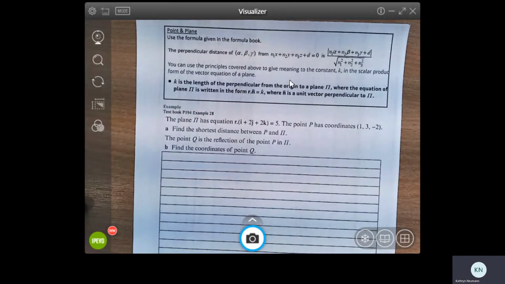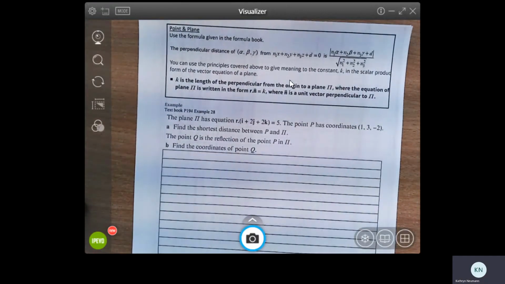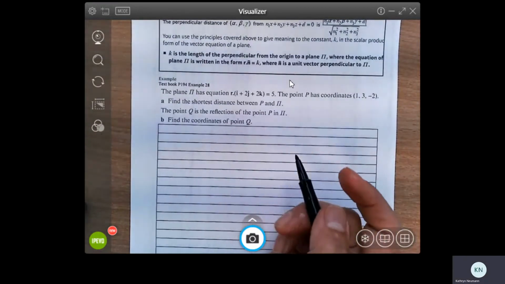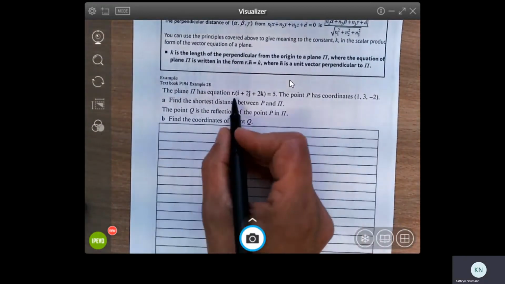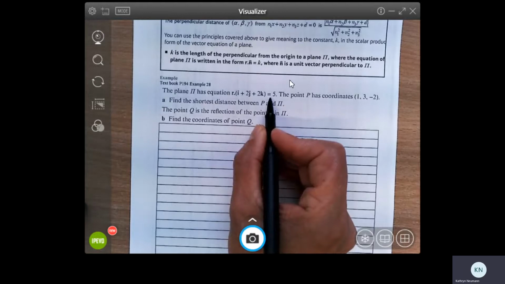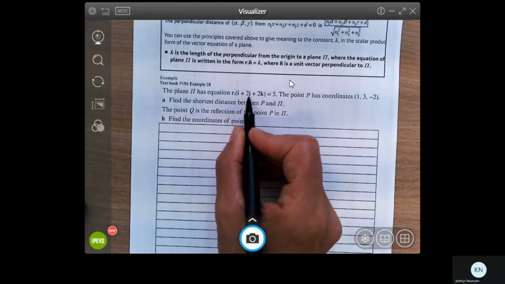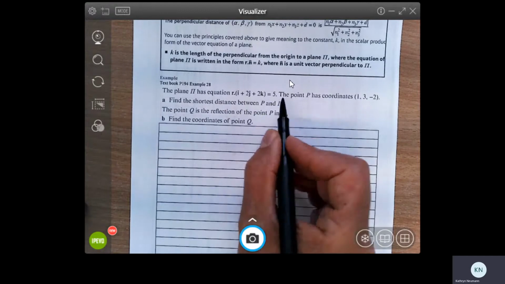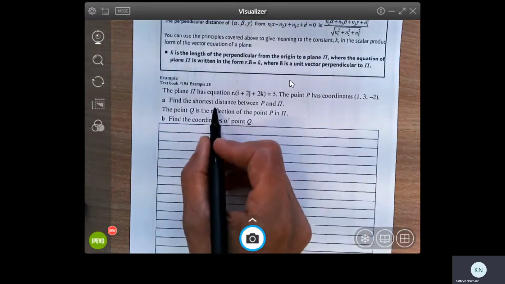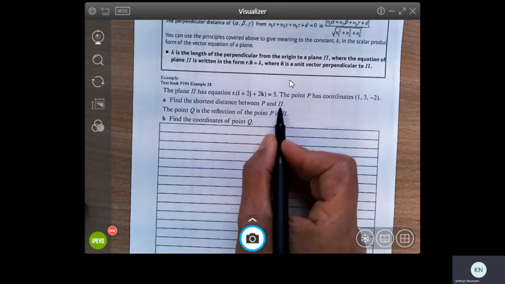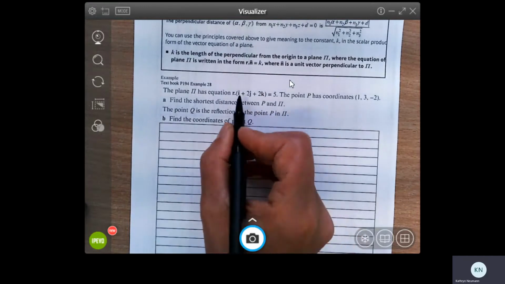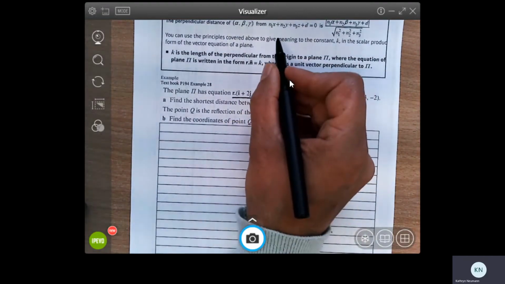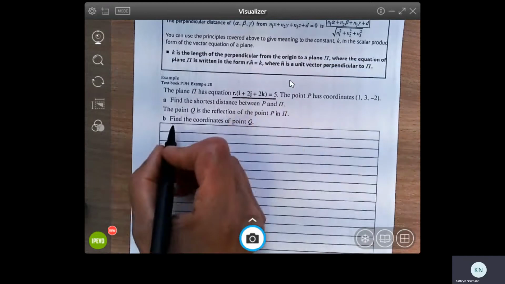Let's have a look at how this works in practice with a particular question. So we've got a plane here, i plus 2j plus 2k dot r equals 5. And we've got a point, and we want to find the shortest distance between P and the plane. So we need to change this into an equation of the plane that looks like the form you've got in your formula book.